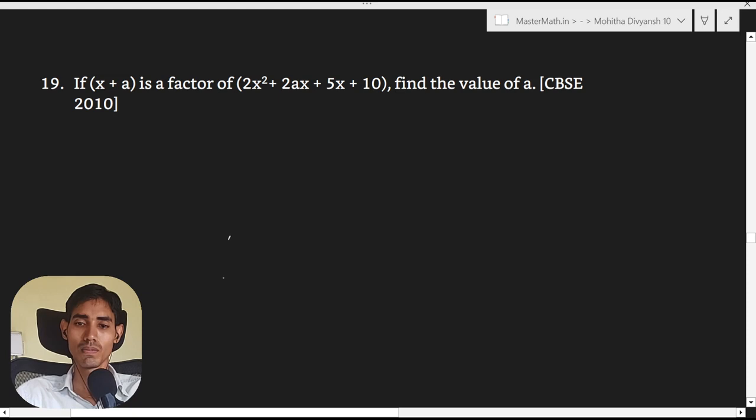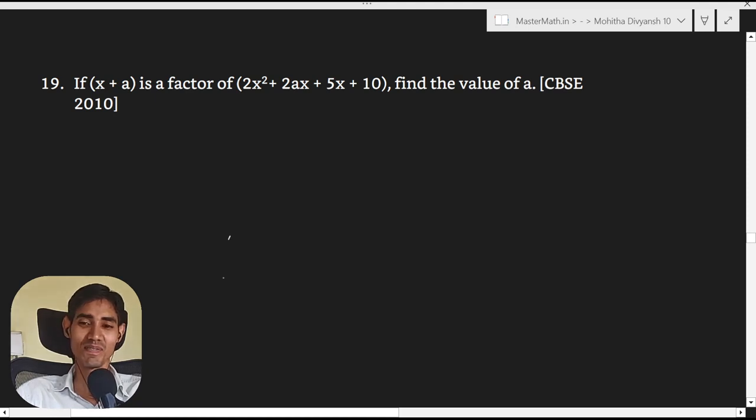First we find the zeros, and it's a factor. It's a 9th grade question that just came in boards.